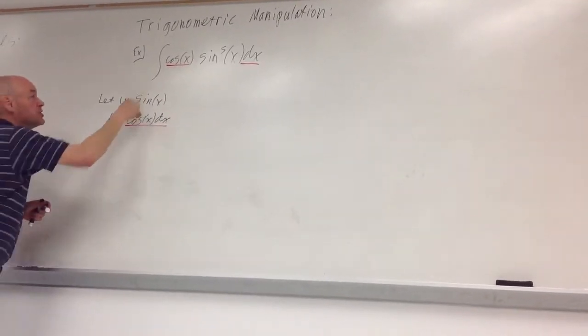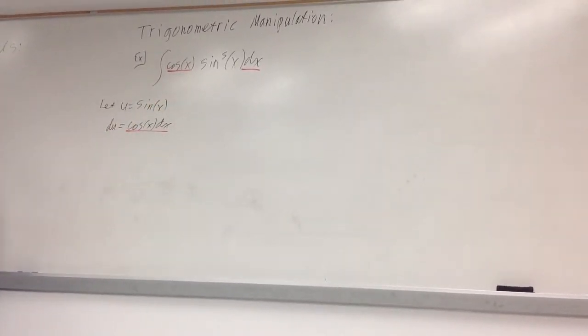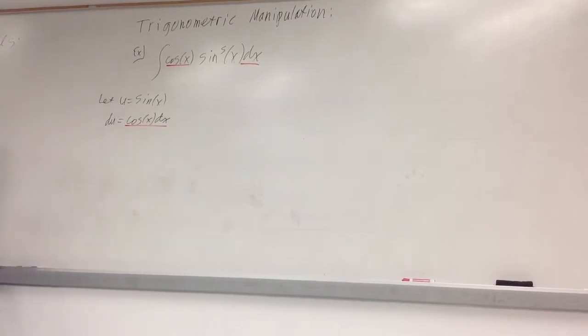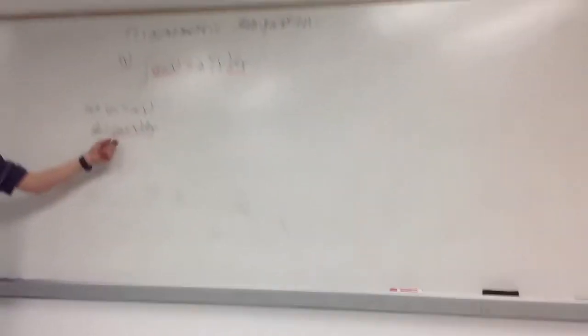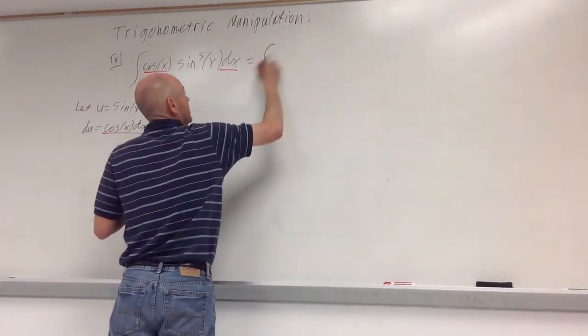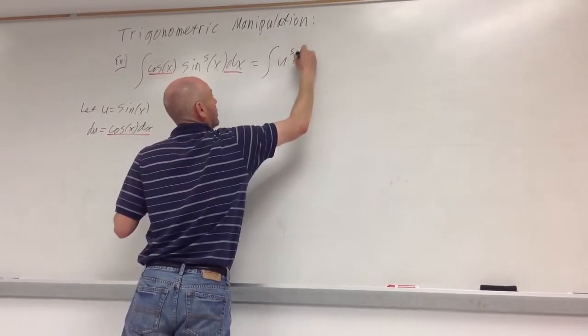I'm looking for this piece. I kind of have to see it ahead of time. And now that I can see that I can make that simple transformation, this nicely makes this u to the fifth power du.